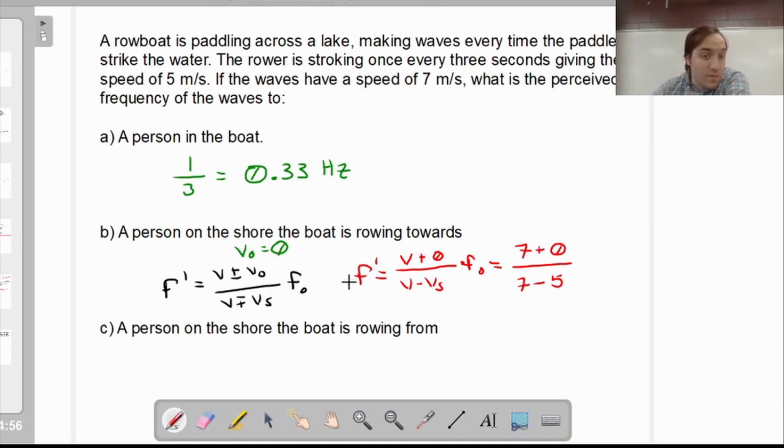The source, which is the 5 meters per second right here, is moving towards the observer times the 0.33 I had originally, which would give me a frequency of 1.155 hertz. In other words, the person on the shore the boat is paddling to is going to see it much more frequently, over 3 times more frequently, 1.155 hertz versus the 0.33. Go ahead and give C a try on your own.